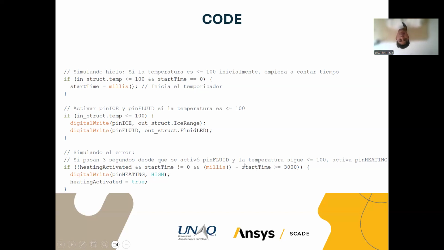Then another subsystem comes in, as I mentioned, and we turn on the heating subsystem, and we indicate that it's already activated. So what is the condition to make this happen?